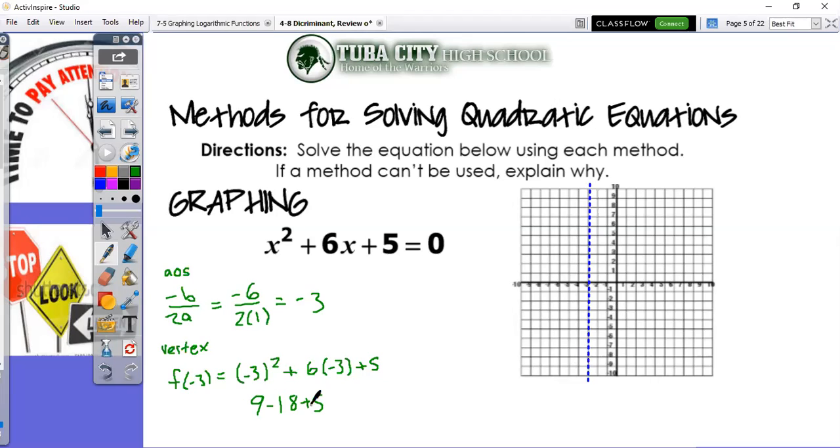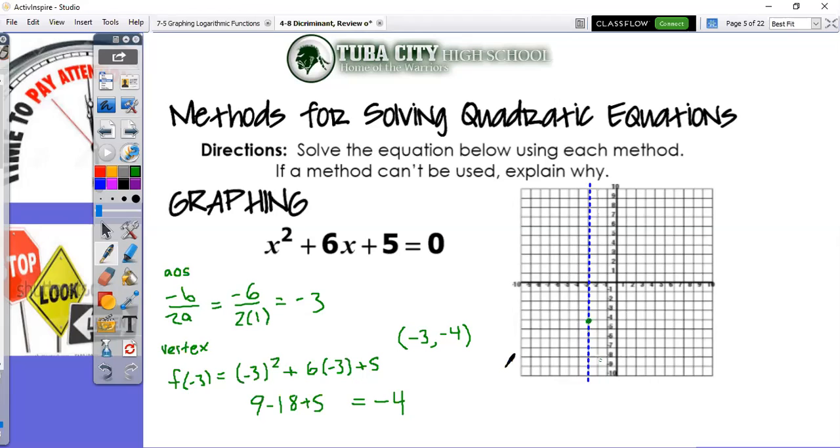So it's going to be 9 plus 5, and that would be 14. And 14 minus 18 would be negative 4. And this gives me my coordinate for the vertex. So my vertex is going to be at negative 3, negative 4. So back 3, down 4.